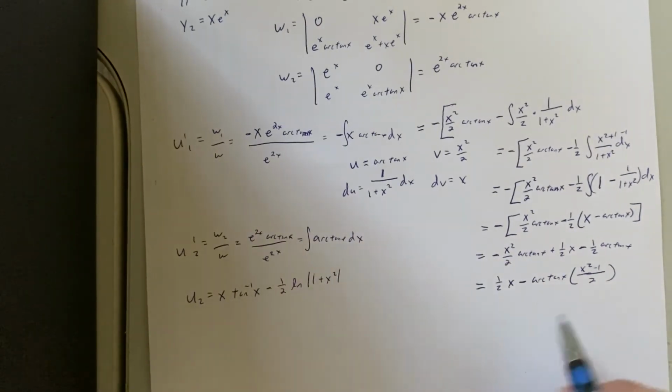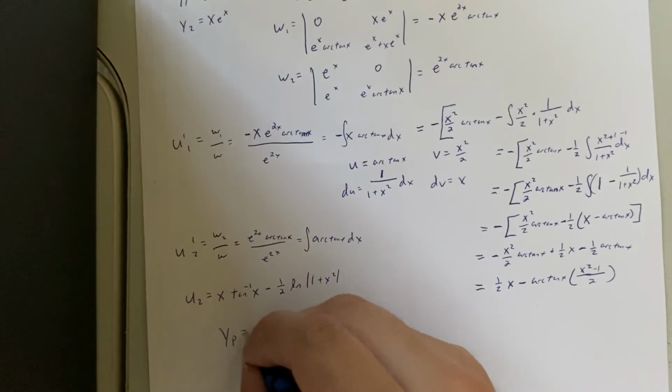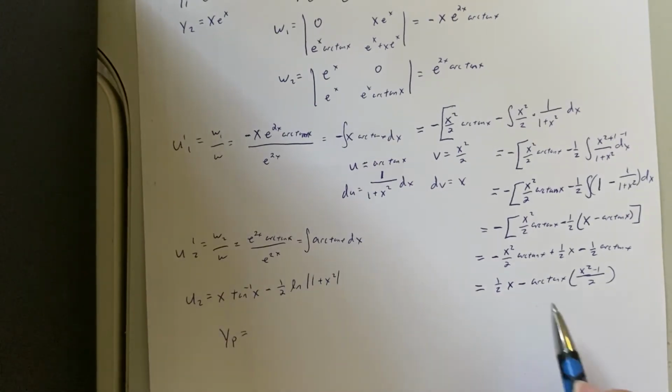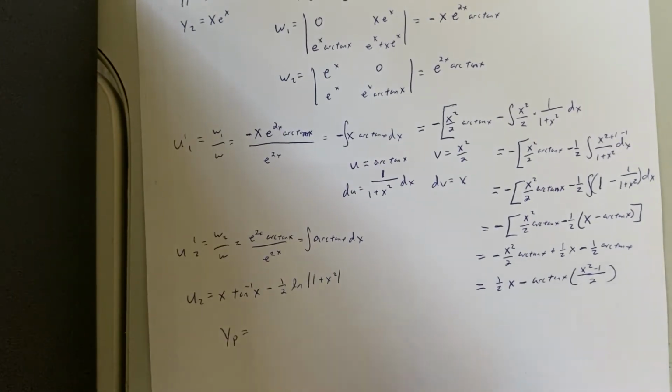And now I need to write my y sub p. So my y sub p is going to be u sub 1, which I'm going to pull out a 1/2.